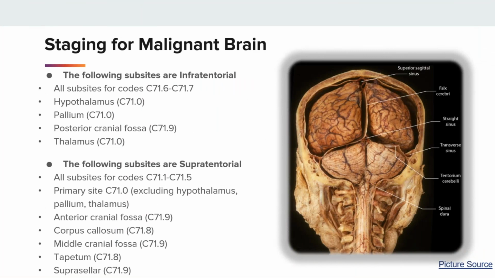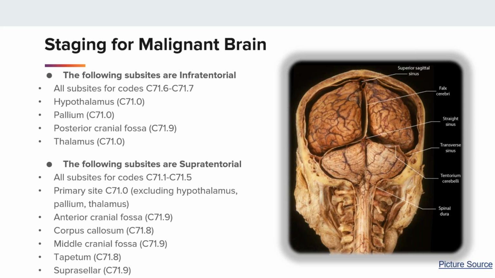The following subsites are infratentorial, so all subsites for codes C71.6 through C71.7. Then we have the hypothalamus, the pallium, the posterior cranial fossa, and the thalamus. The pallium and the thalamus have both C71.0 as well as the hypothalamus.